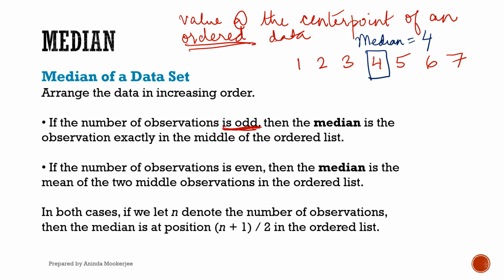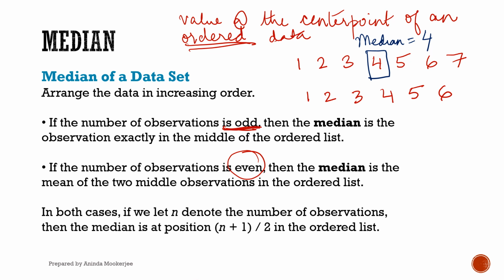What this means is if we have an even number of data, so 1, 2, 3, 4, 5, and 6, we have 6 numbers here, which is an even set of values. Then the median is the mean of the 2 middle observations.